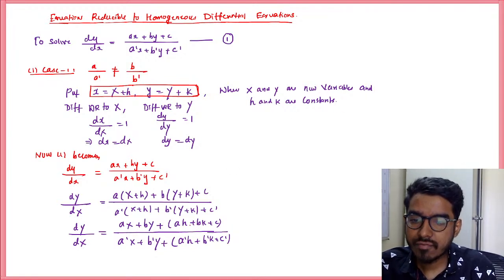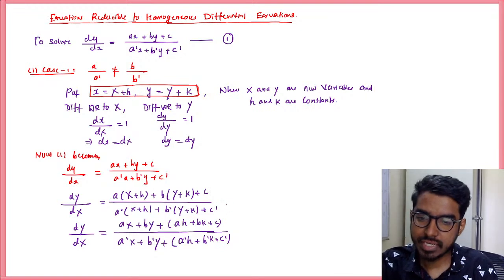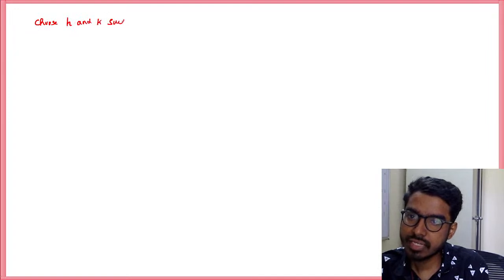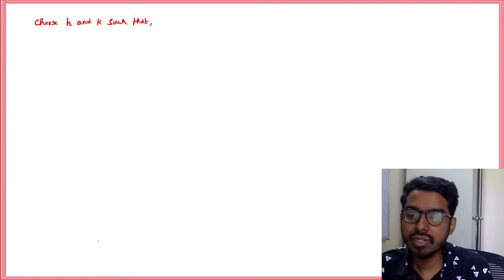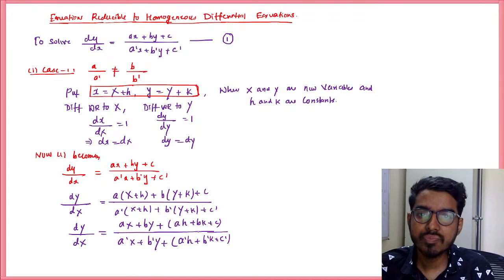Now we need to find the value of h and k by solving these two equations, right? Now choose h and k such that this equation has to be satisfied.